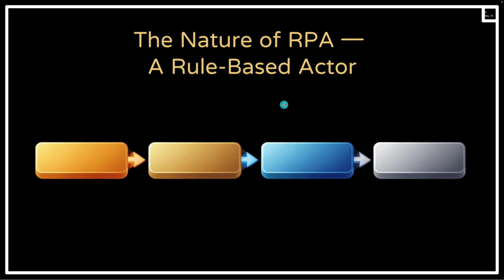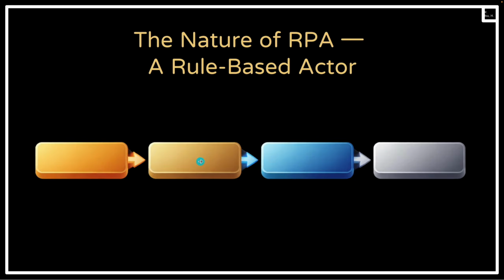So this slide simplifies RPA to its essence. If you look at the visual, you see a clear step-by-step flow. That is exactly the right image. Because RPA is fundamentally procedural, it moves from one step to the next according to predefined rules.